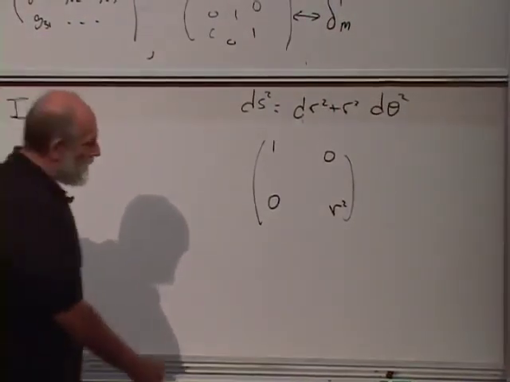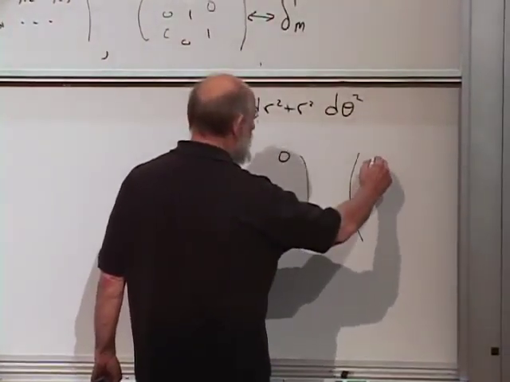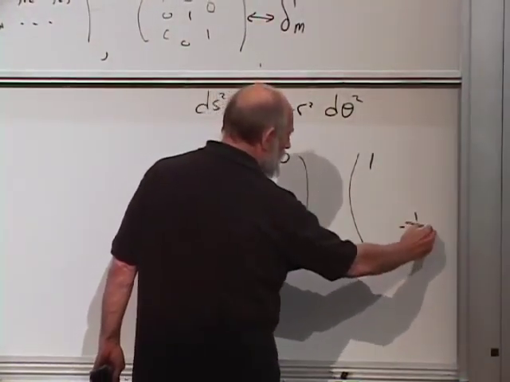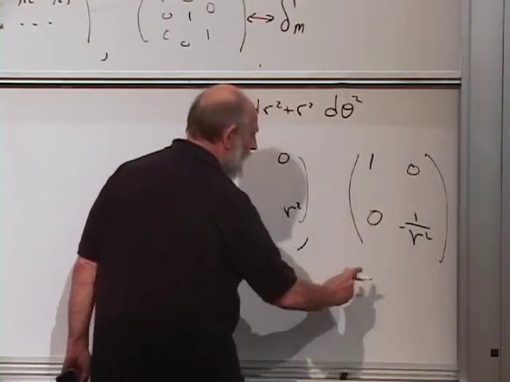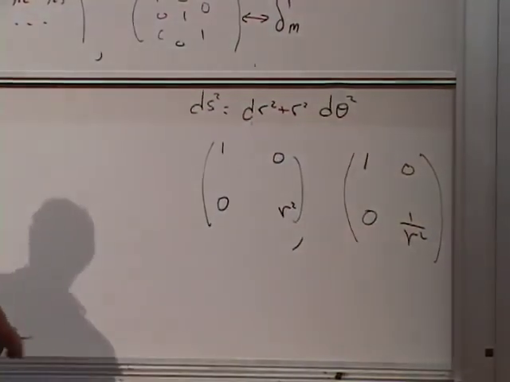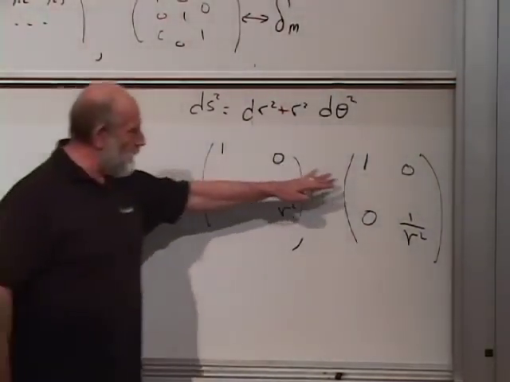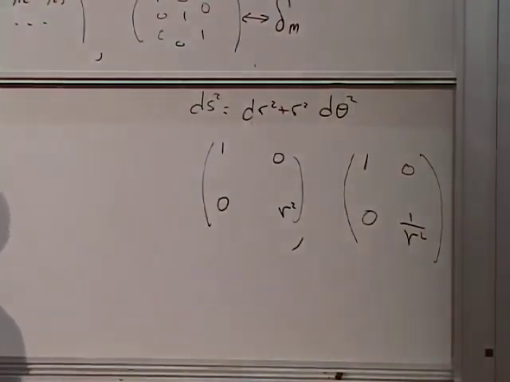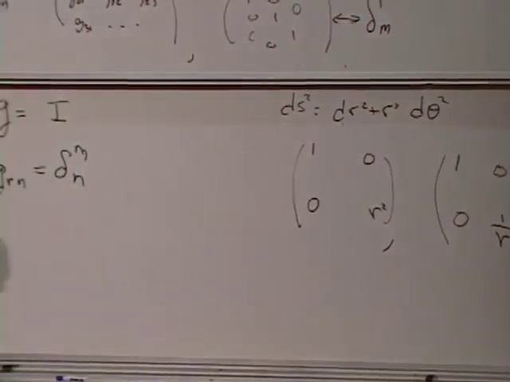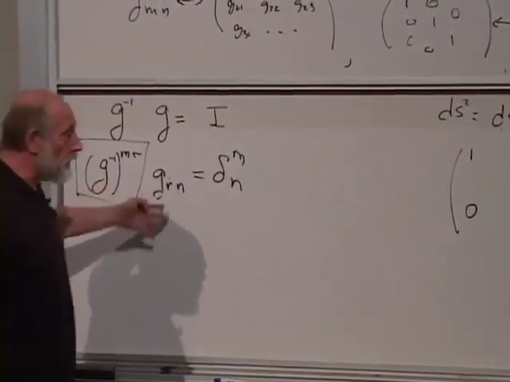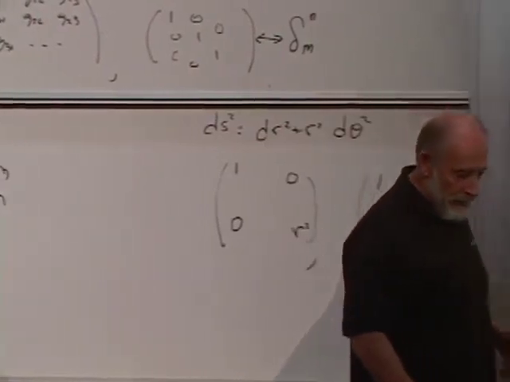The inverse matrix, the matrix that's inverse to that, is just 1 over r squared. If you multiply the two matrices together, you'll get the unit matrix. If you think of them as objects with indices and contract the R index, you'll get the Kronecker delta. Try it out. Check it out.